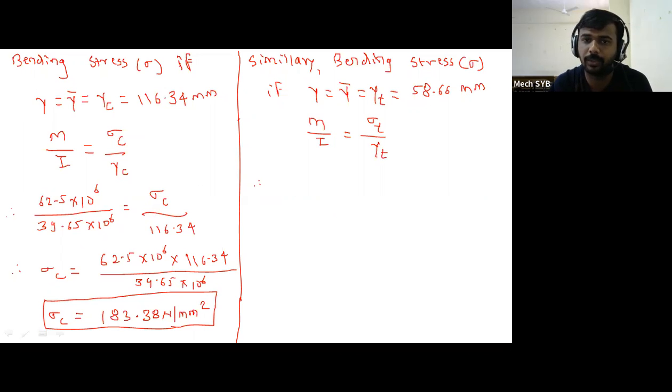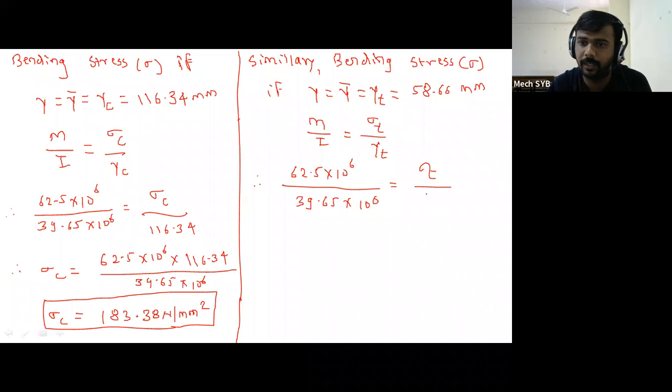So put the values. M is 62.5 into 10 raised to 6 divided by I, 39.65 into 10 raised to 6, is equal to sigma t divided by yt, 58.66.